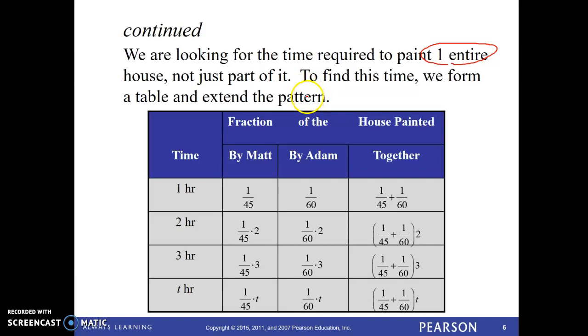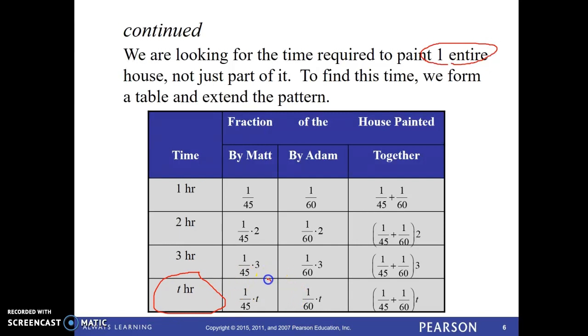So we look at it. In 1 hour, if we just took 1 hour, Matt's portion would be 1/45th of the house. Adam would be 1/60th. And then if we do 2 hours, well, we don't actually know what the time is. So we're going to give that a variable and call it t.